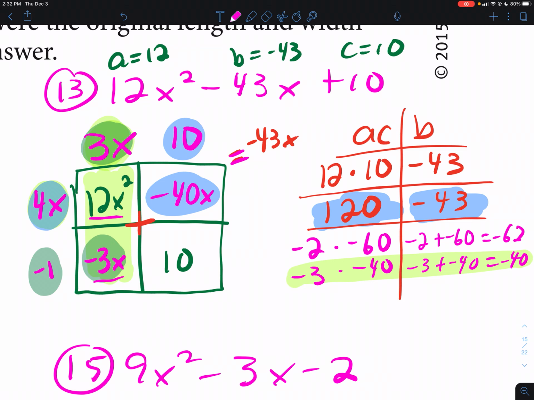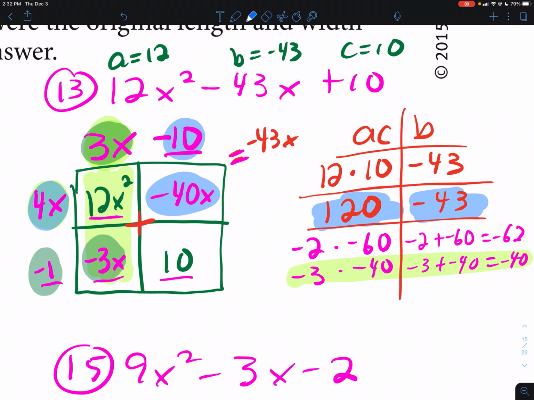I messed up somewhere, didn't I? How do I know I messed up? 10 times negative 1 would give us negative 10. Oh, I know what I forgot. I need the negative sign there. That's it.